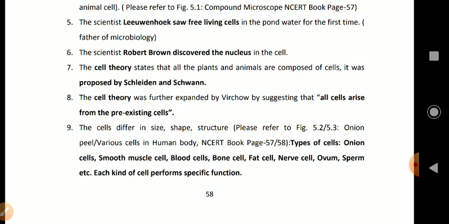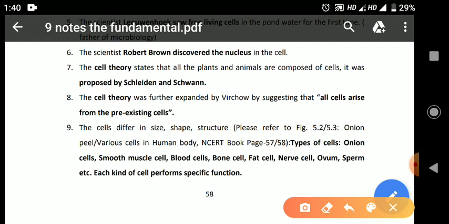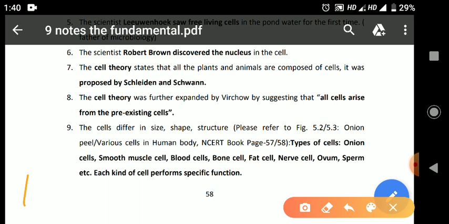Now come to which is the largest cell and which is the smallest cell. The smallest cell is PPLO, whose full form is pleuropneumonia like organism. In pneumonia, the P is silent, right? The pleuropneumonia like organism, also called mycoplasma.